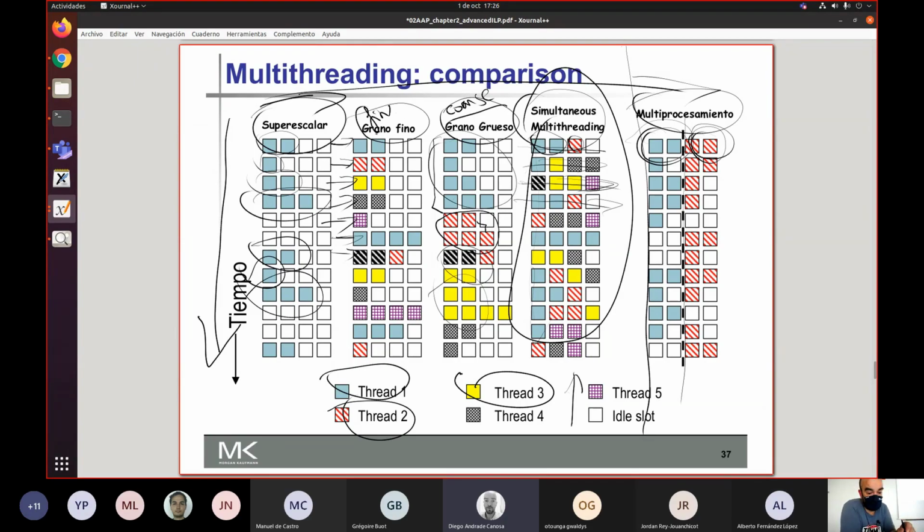But you mean this column, in simultaneous multithreading? Here, you are executing several instructions.